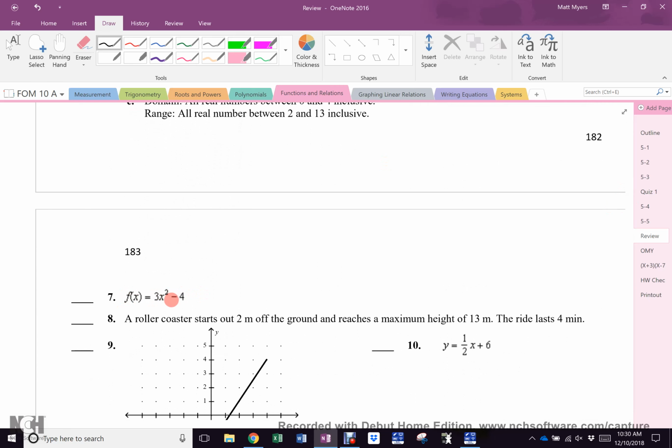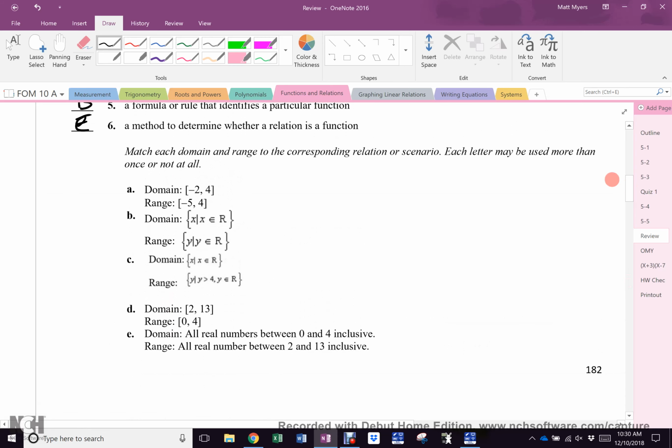It doesn't matter what the number is. Can I square it? Can I then multiply it by 3? Can I then subtract 4? Every possible value of x. So, which ones of these allow me every possible value of x? B, because x is all the real numbers. C, because x is all the real numbers. And that's it. Has to be B or C.